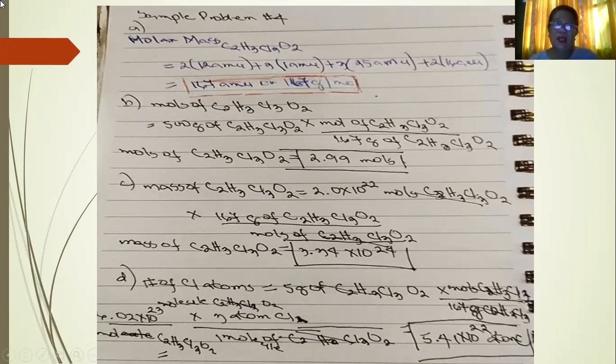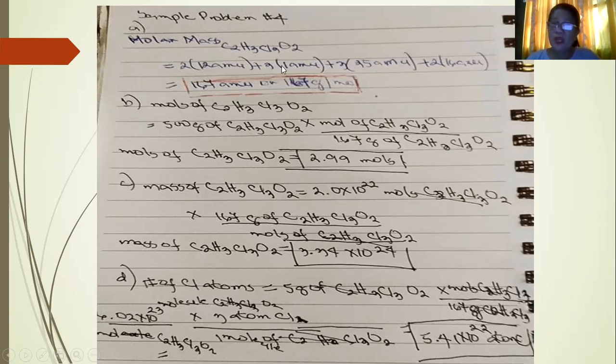Then how many atoms of hydrogen? 3. Then it is 1 gram per mole, or AMU, atomic mass unit. Chlorine, we have 3 times 35. Then oxygen, 2 atoms times 16. So sum it up, that is 167 atomic mass unit, or 167 gram per mole.